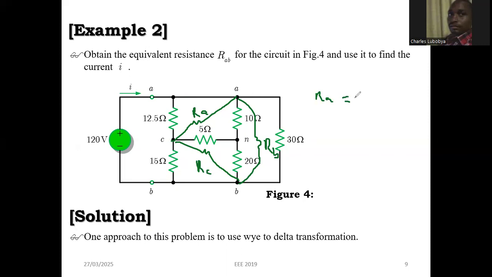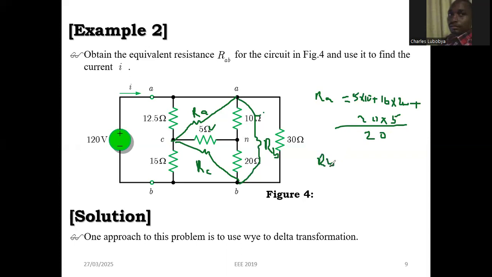So it will be the resistors in star, 5 times 10, plus 10 times 20, plus 20 times 5. Everything divided by the resistor opposite to RA, which is 20.